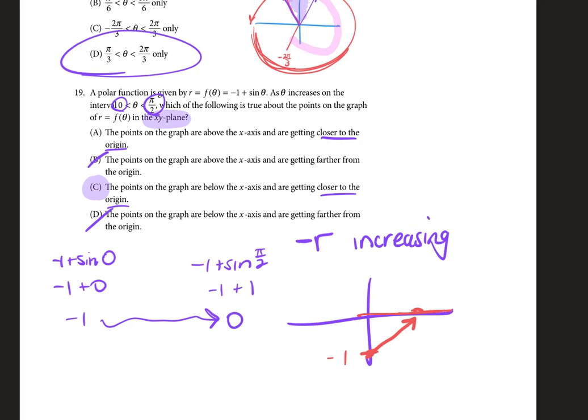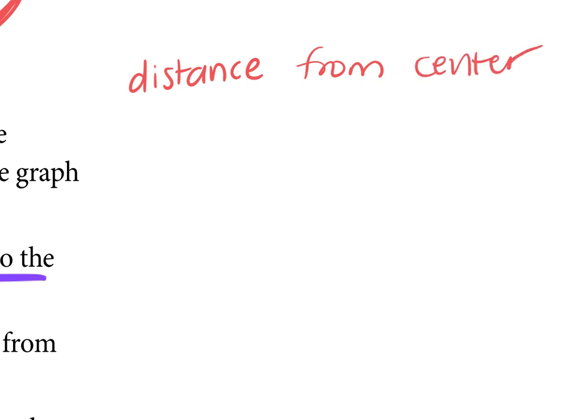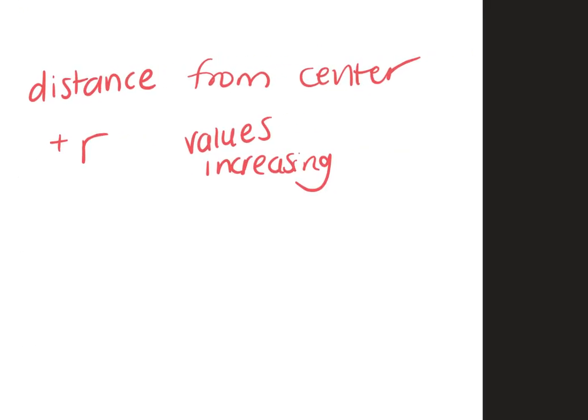Let me quickly review. Your r's, this is distance from center, or distance from pole, or distance from origin, all those words. If your r is positive and the values are increasing, then the distance is increasing.